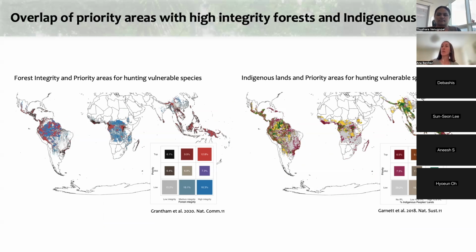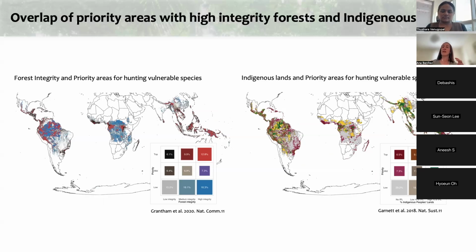And then on the right, what we look at is how much of these priority areas overlap with indigenous lands. Basically, knowing that sometimes these are the main stewards of biodiversity conservation, we cannot, of course, impose expanding protected areas into their lands.